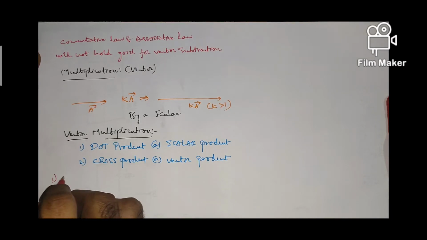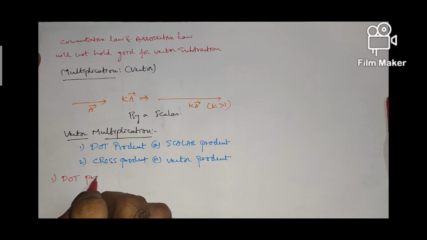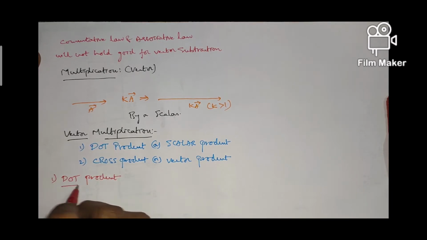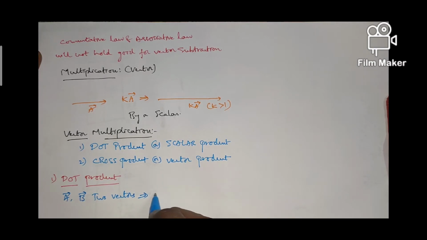First, let us understand the dot product of two vectors. For that, I consider two vectors A bar and B bar. The dot product is represented as A bar dot B bar, and it is equal to modulus of A bar into modulus of B bar multiplied by cosine of the angle between A bar and B bar.